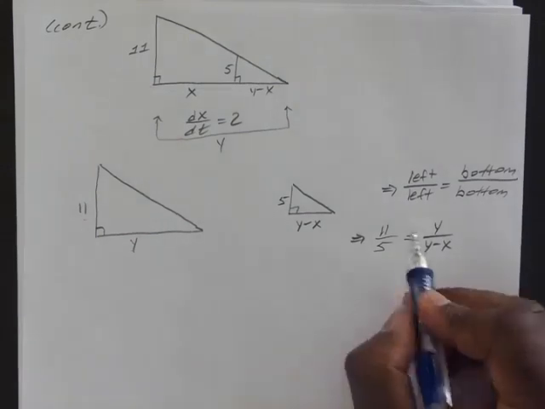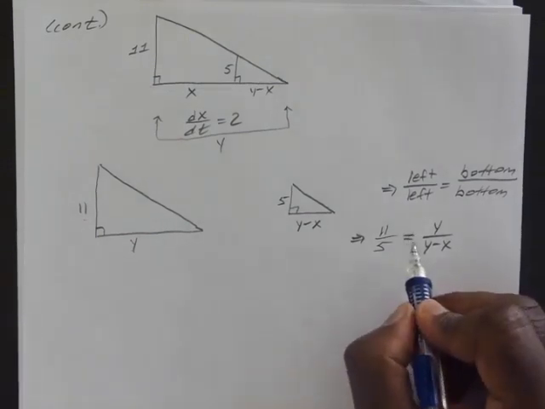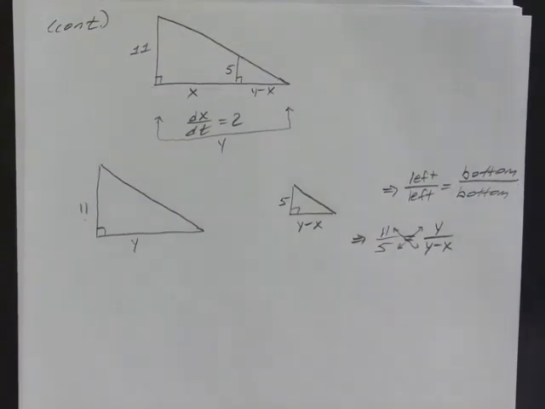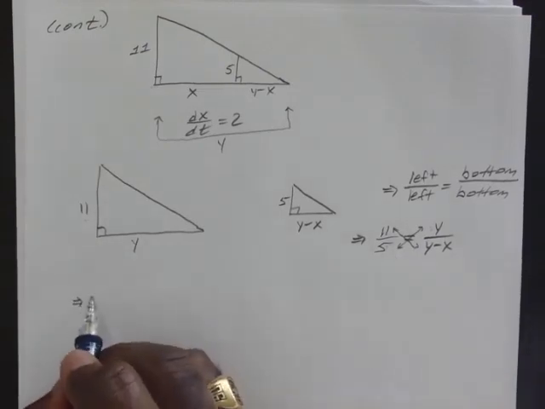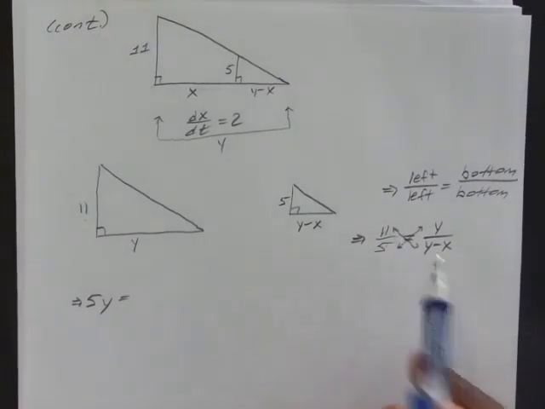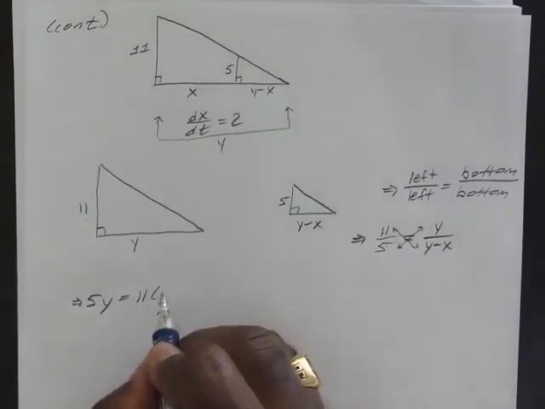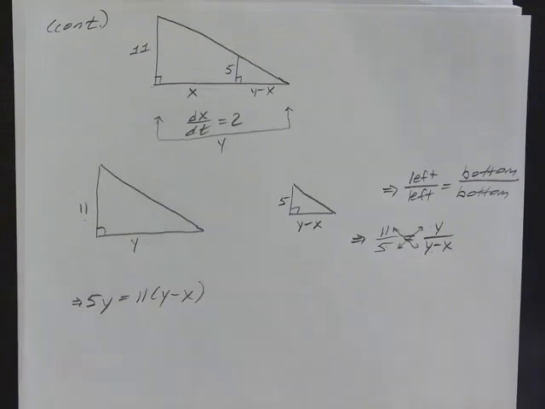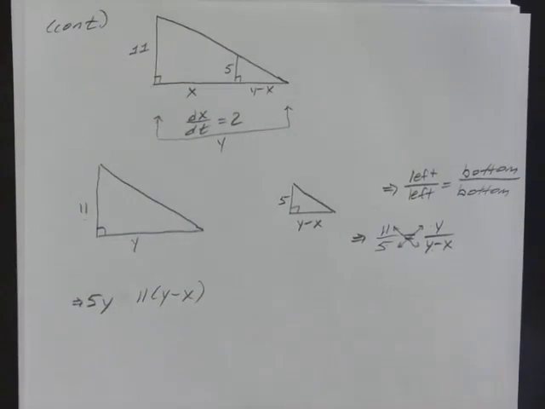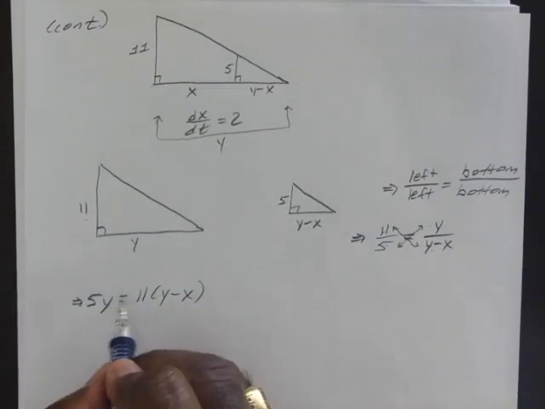Okay, so we know that we can solve this by just cross multiplying. So we have 5 times y is equal to 11 times y minus x.